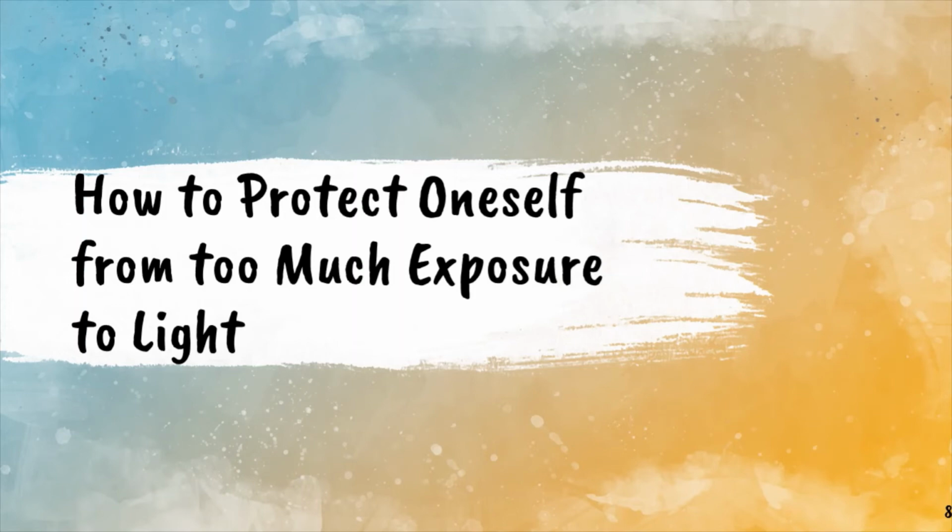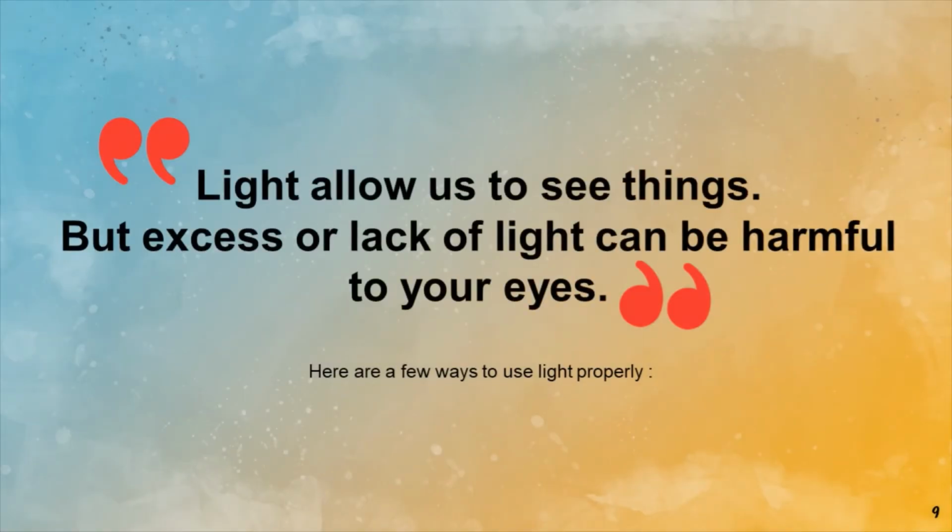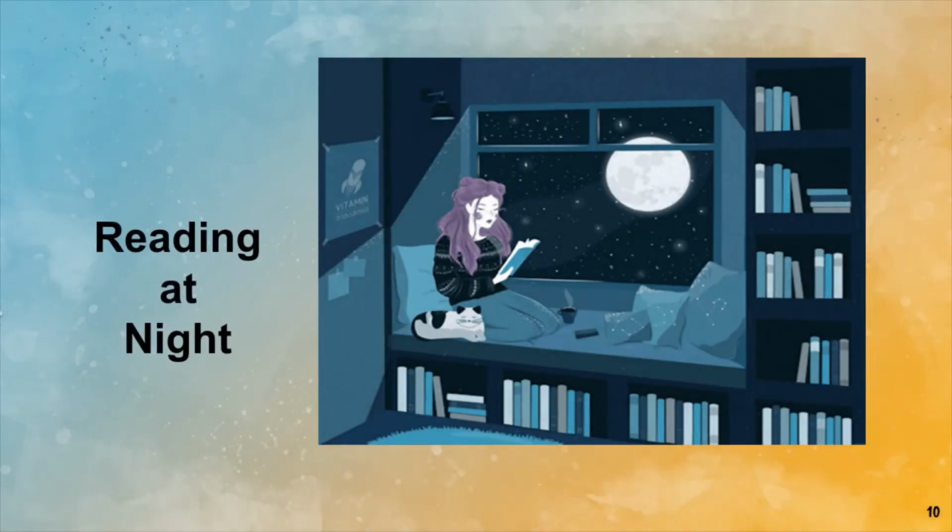So how do we protect ourselves from too much exposure to light? Okay, who can give me an idea? Yes? Very good. Light allows us to see things, but excess or lack of light can be harmful to your eyes. Here are a few ways to use light properly. To keep your eyes healthy, make sure you have enough light when reading, particularly at night.